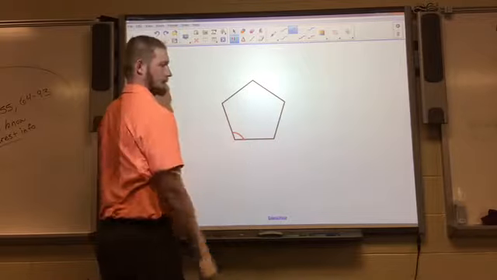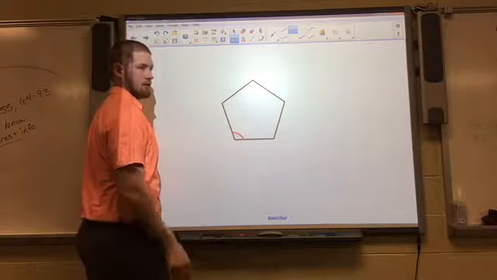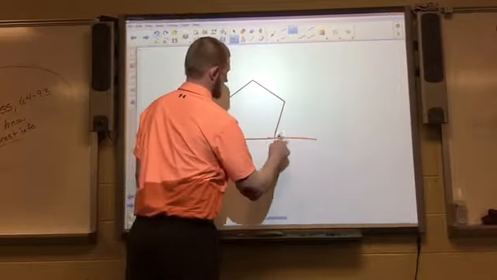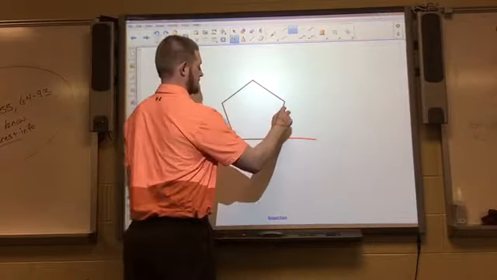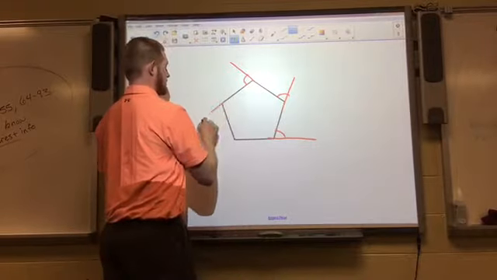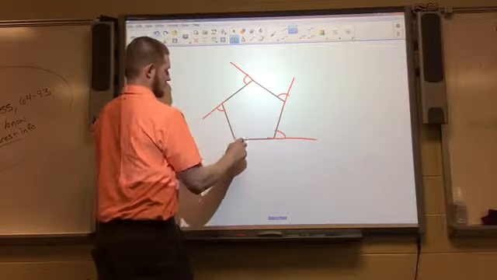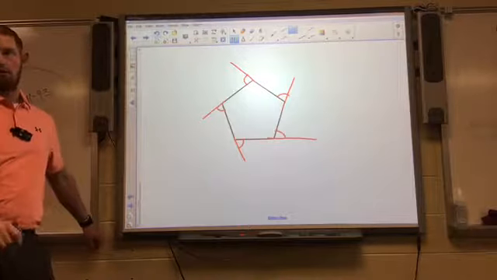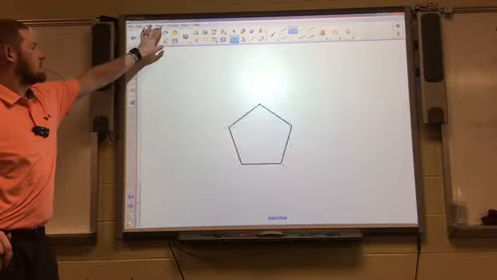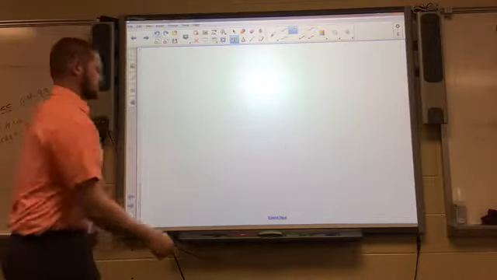Is this an exterior angle? No. That's a what? Interior angle. Is this an exterior angle? And that. And that. And that. And that. Those are my exterior angles, right? Okay, just so everybody's on the same page.